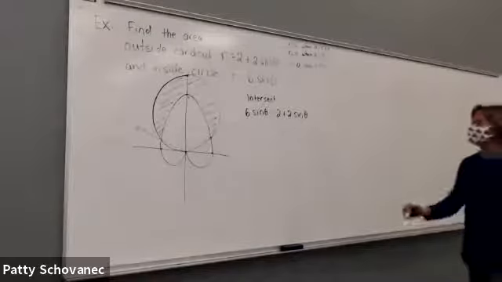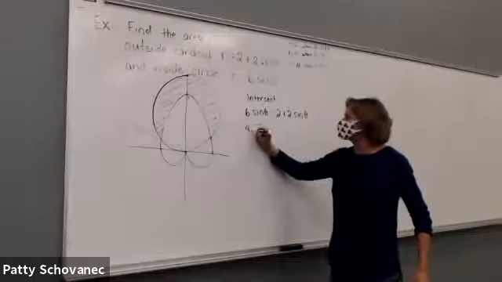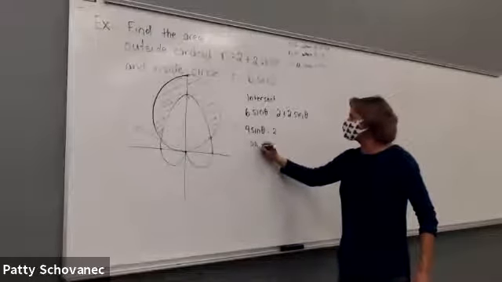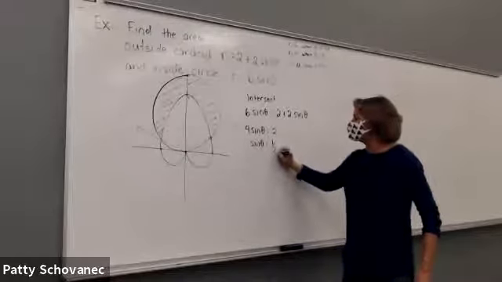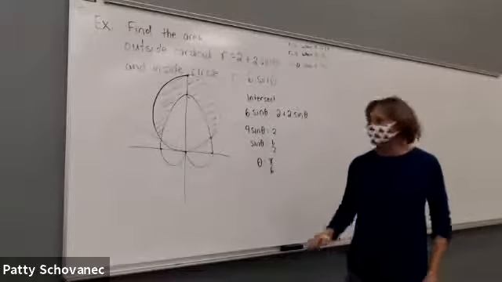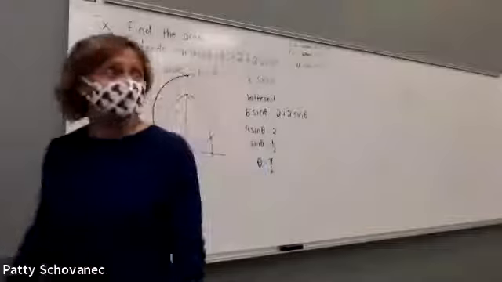Five or 6, very good. Put this over here and you get 4 sine theta is equal to 2. Divide by 4, so I'm looking at the angle which sine is a half. And in the first quadrant, that is pi over 6. So then this one would be 5 pi over 6.